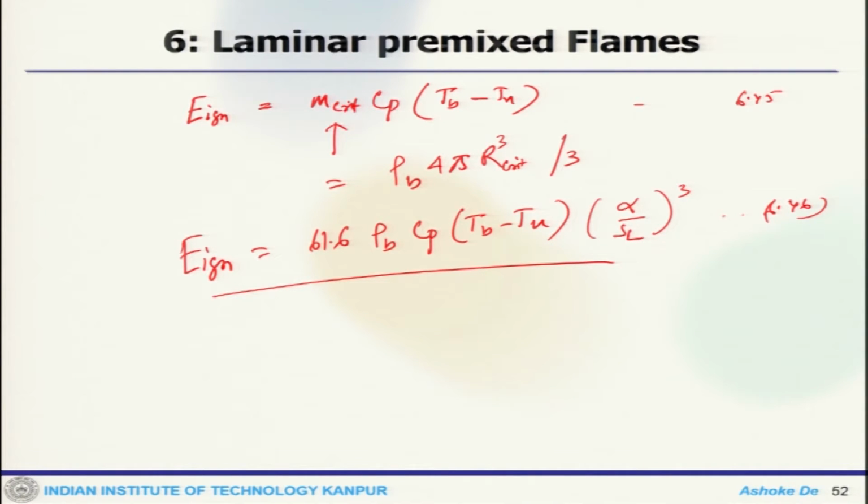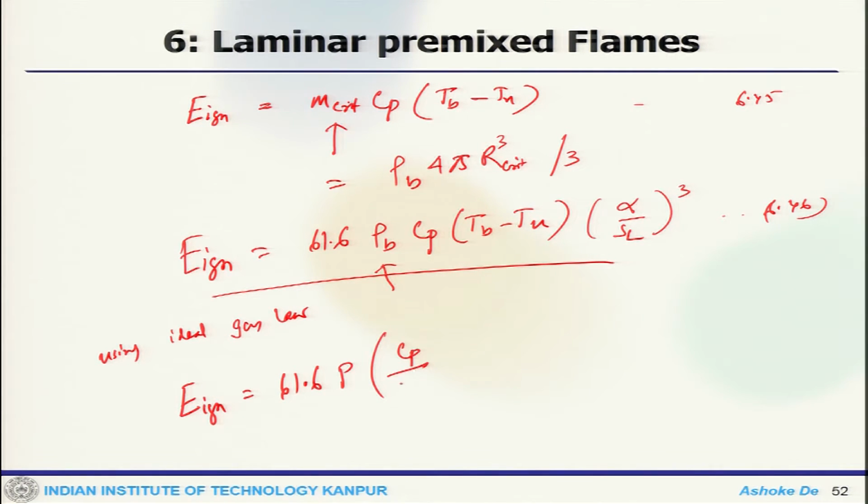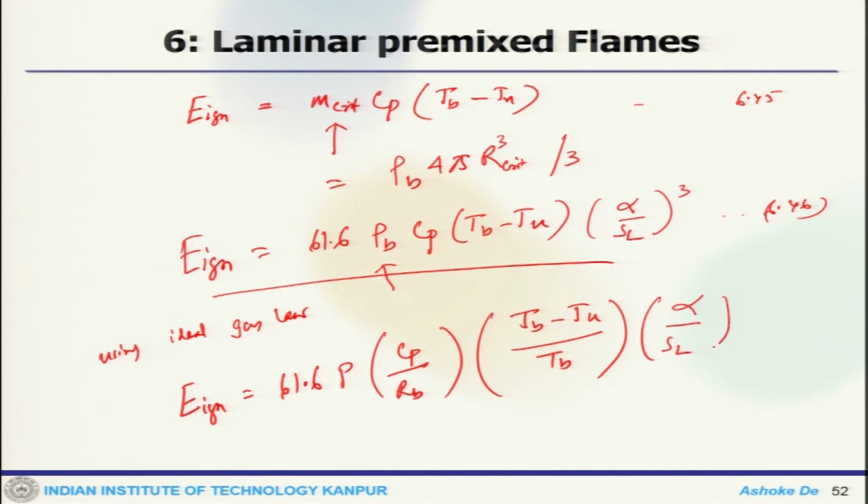Now, one can eliminate this rho b by using the ideal gas law. If we do that, using the ideal gas law, one can eliminate rho b and you get E equals 61.6 P Cp by Rb times Tb minus Tu by Tb times alpha by SL cubed.